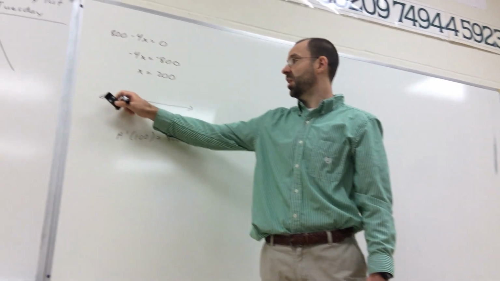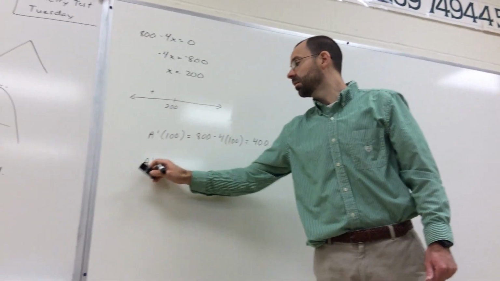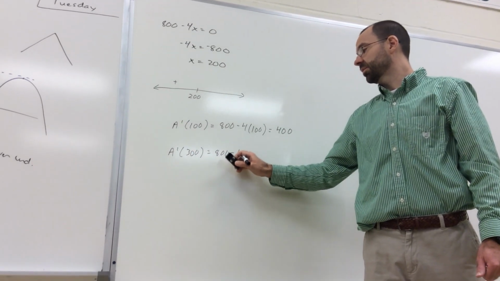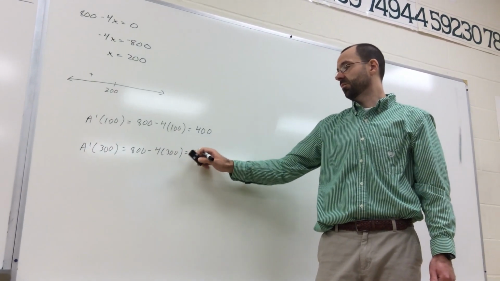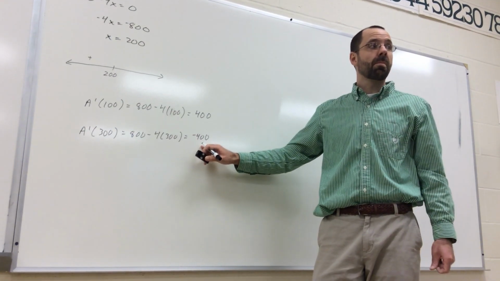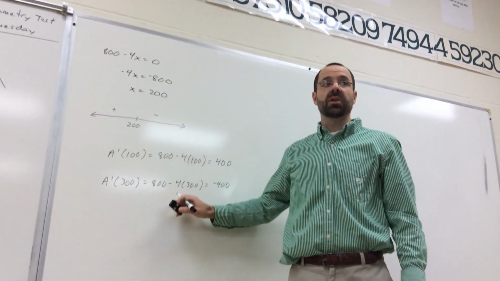So the derivative is positive before 200. Then 800 minus 1200 is negative 400, so the derivative is negative after 200.